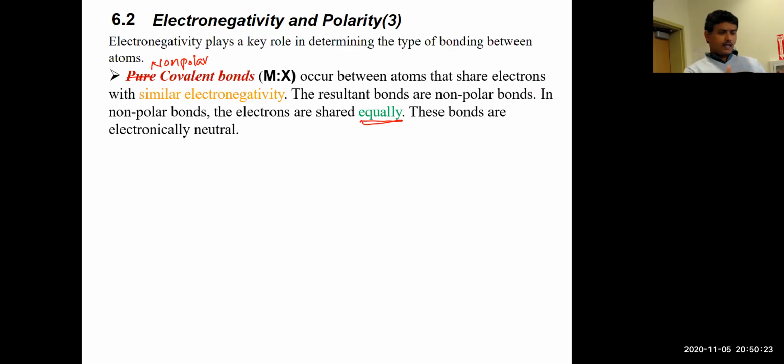Let me pause and explain the significance of this topic, electronegativity. I'm going to spend lots of time on it because we are going to revisit electronegativity multiple times: in this chapter, in chapter 7 again, and in next term's Chem 222, in at least two chapters, we will revisit electronegativity and the types of covalent bonds.